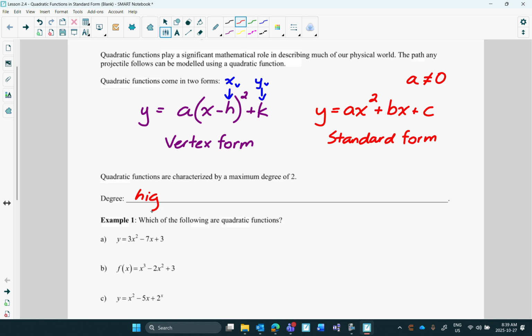Highest exponent in an expression. And quadratic functions are always degree 2 because it contains an exponent of 2. That's the highest. Nothing higher.